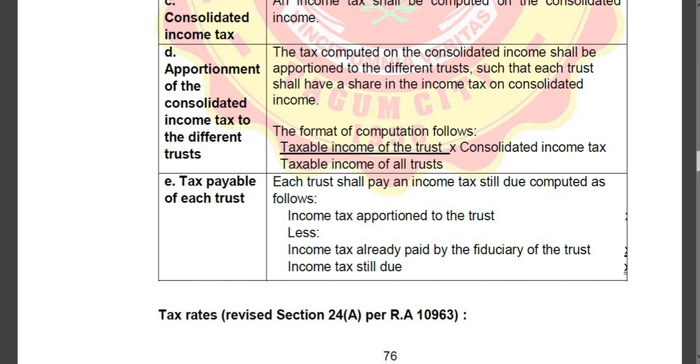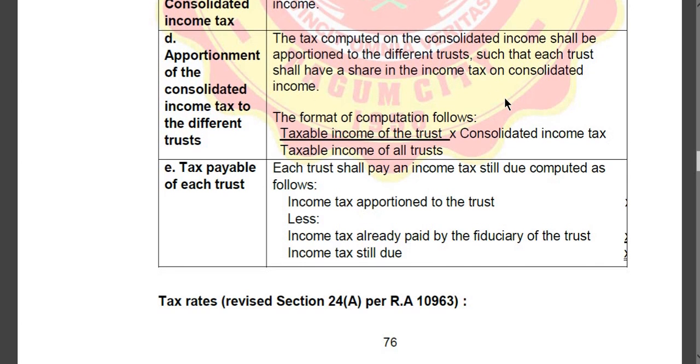So the tax computed on the consolidated income shall be apportioned to the different trusts, such that each trust shall have a share in the income tax on consolidated income. So, for example, kanina, may income si land, tapos nag-file ng separate income tax si trustee sa land, tapos may income si building, tapos nag-file ng separate income tax si trustee ng building, pero yung grantor nga nila isa lang, so kailangan yun i-consolidate.